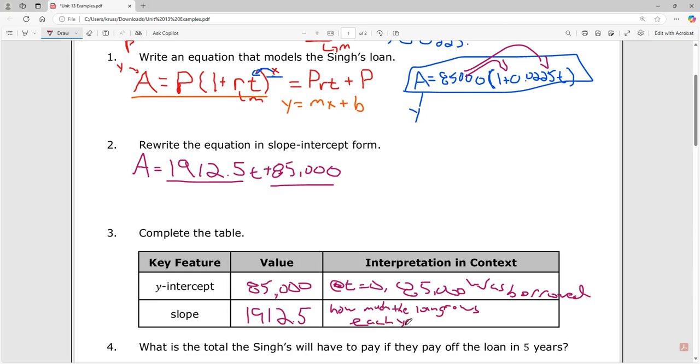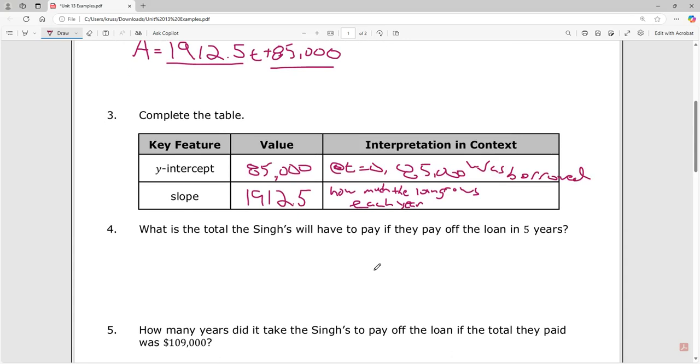So how much does it cost to maintain this loan each year? It's $1,912.50, right?